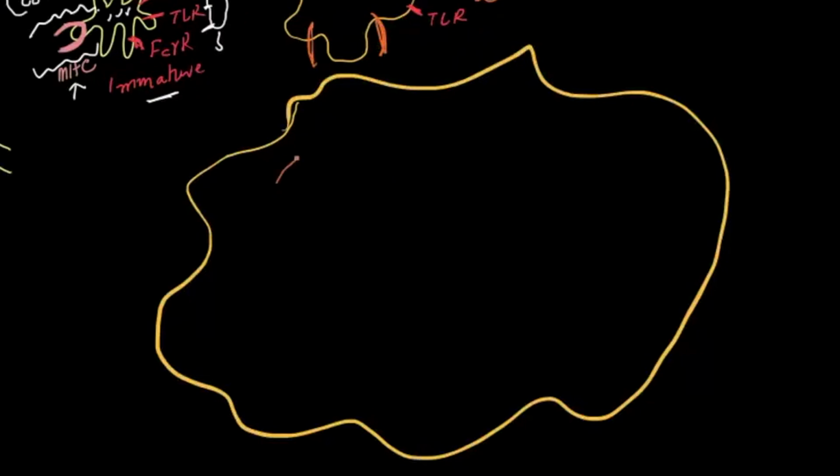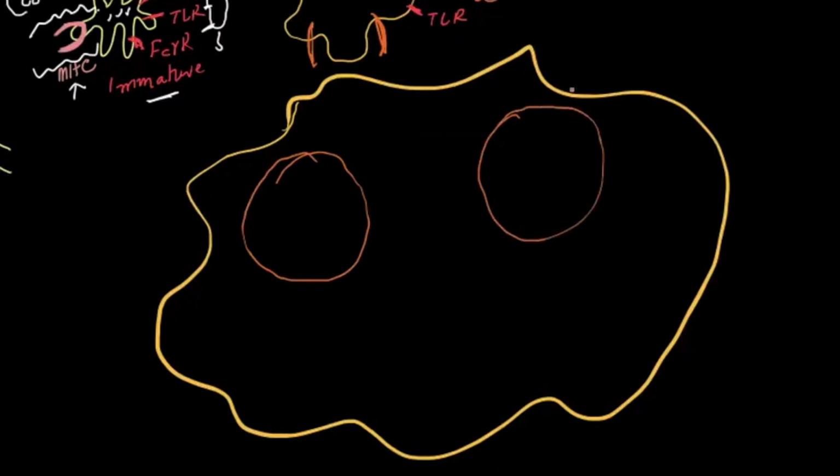Inside the macrophage, you can see this is a phagosome and this is a lysosome. When the phagosome engulfs the bacteria inside, now they start to become activated.